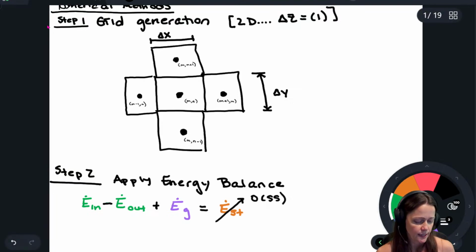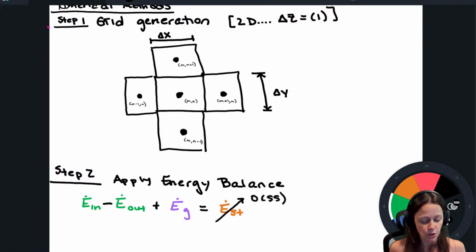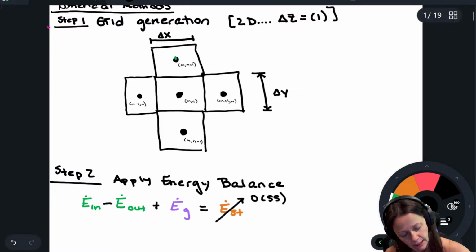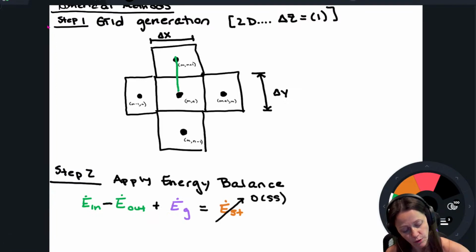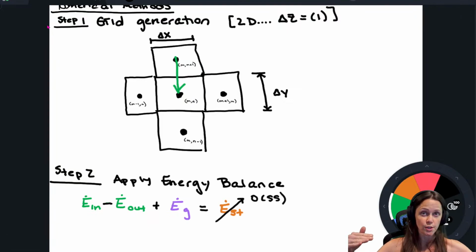Now, as far as the E dot in and E dot out go, you're looking at that central node MN. The way we're going to look at it is, I've got these 4 neighboring nodes. This is an internal node, and I've got energy being transferred by conduction between each of those nodes. I'm going to draw all of those Qs coming into the node.